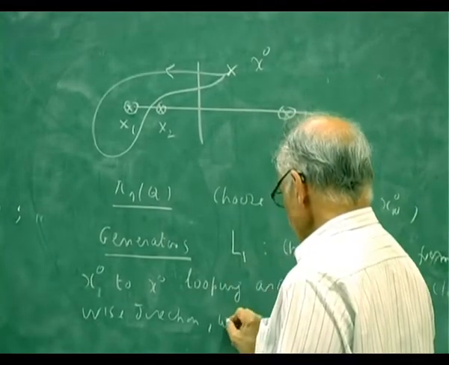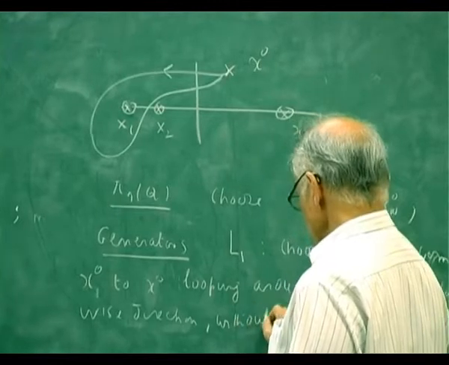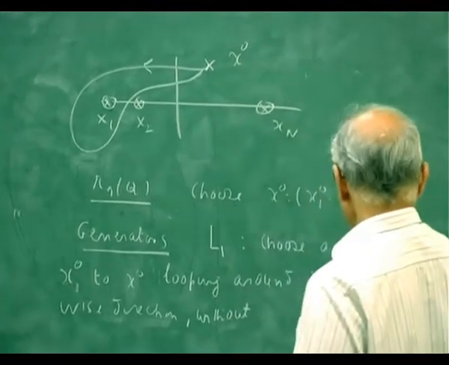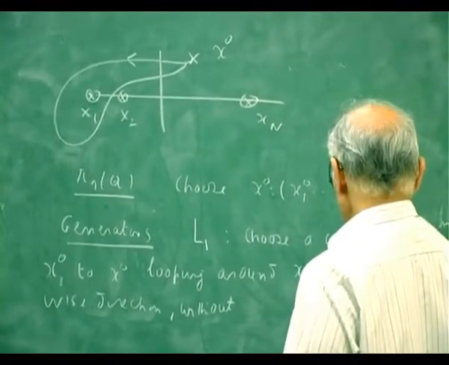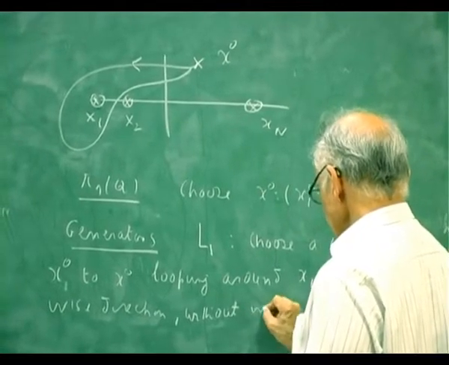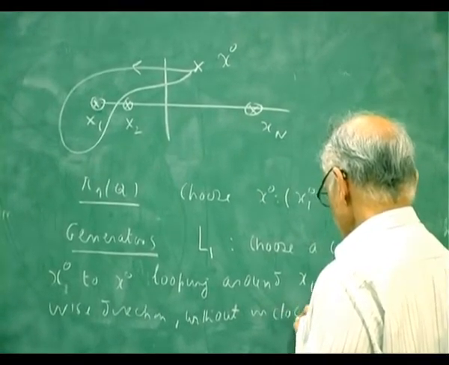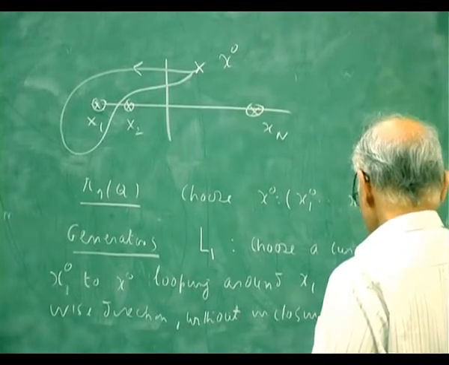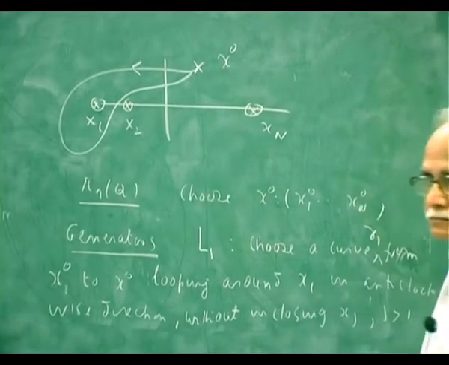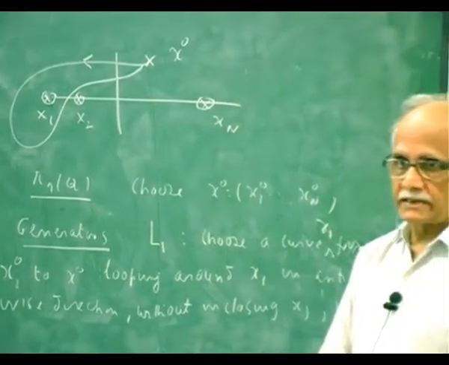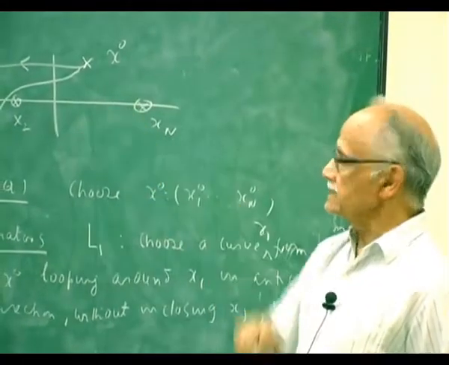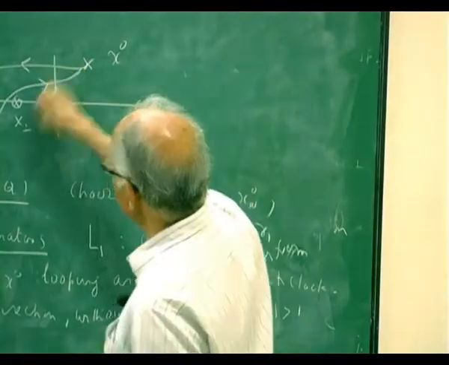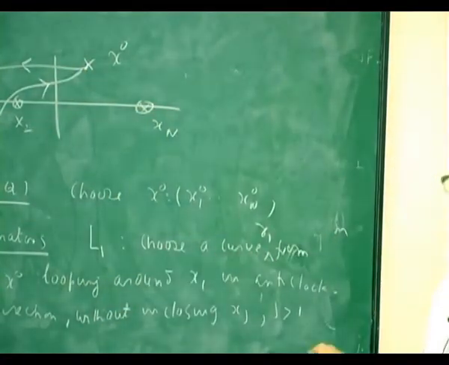Without enclosing, choose a curve gamma 1. Without enclosing xj, j larger than 1. So none of the other points are inside it. So this is a loop like this, go like this and coming back.